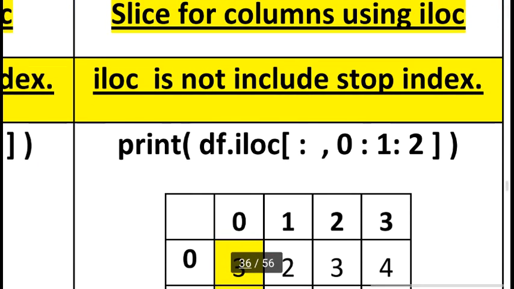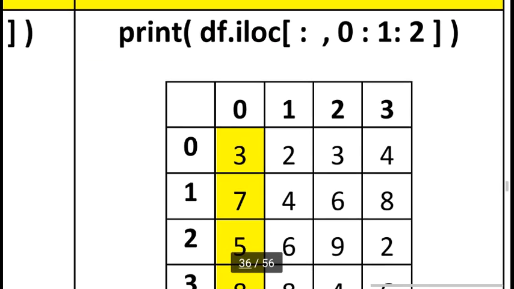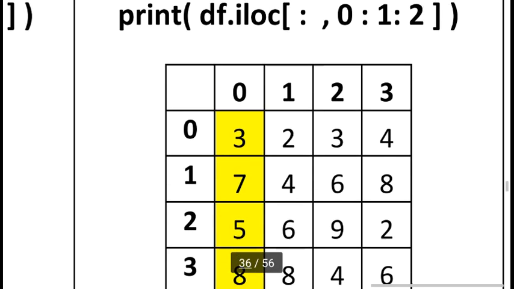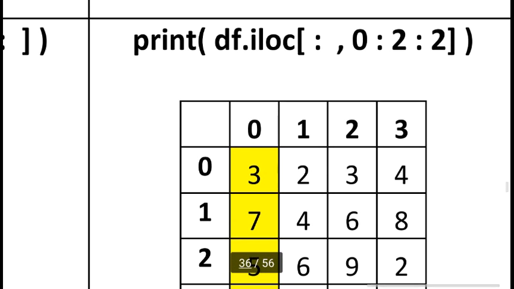Okay, here I am using iloc on columns. So you can see 0 colon 1 colon 2, so it will include the 0th column. Again 0 to 0 with colon 2 step, because it does not cross the limit, 0 colon 2. So you can understand easily.